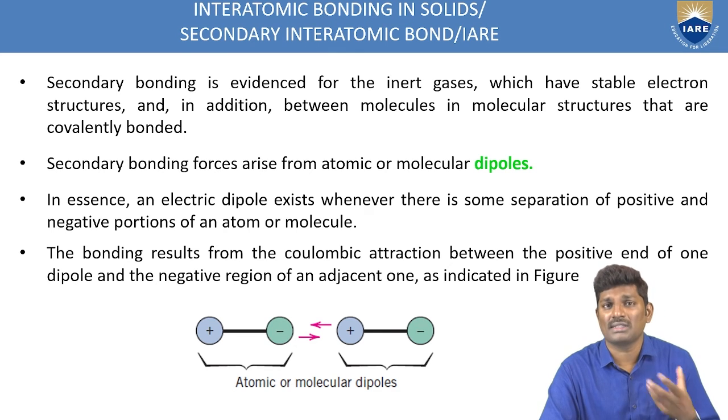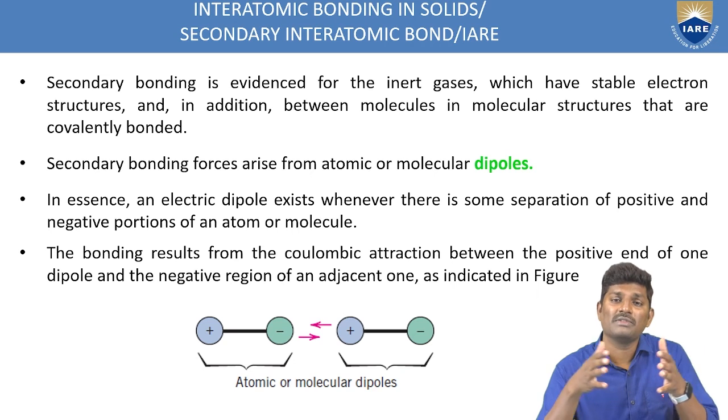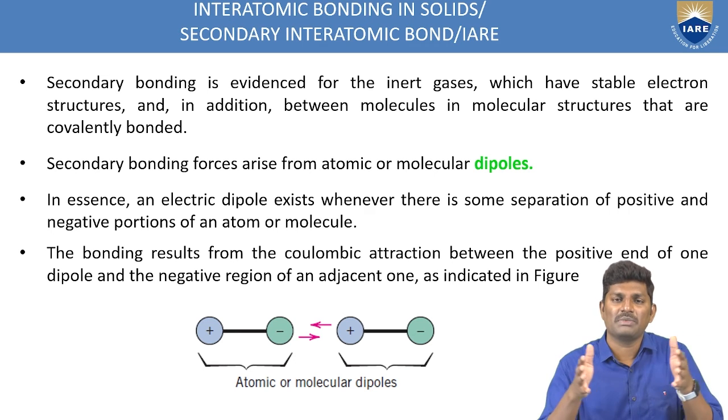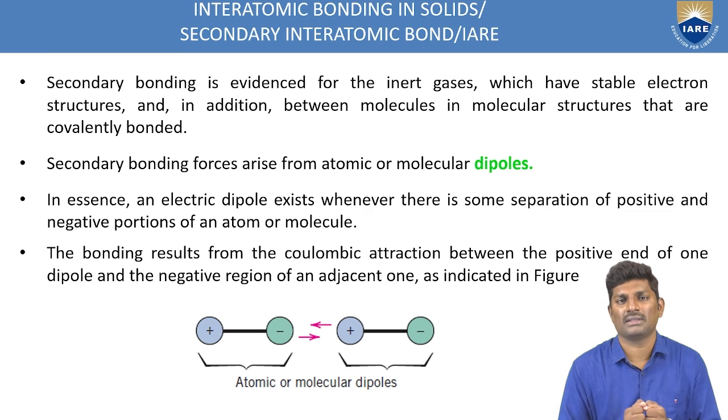And mainly what are the causes? The secondary bonding is formed because of the dipoles between the elements. What does dipole mean? The distance between the two atoms is very large. If the distance between the atoms is very large, what is happening? The force of attraction is very less.